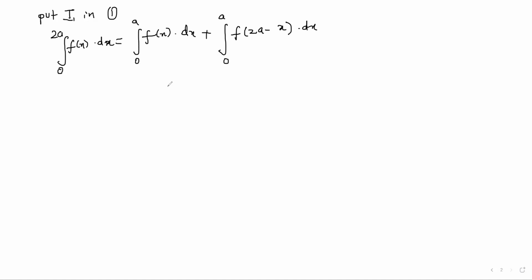Okay. Now on the basis of this, we will write two questions. Question first is this one. Integral 0 to 2 pi, 1 by 1 plus e to the power sin x dx.